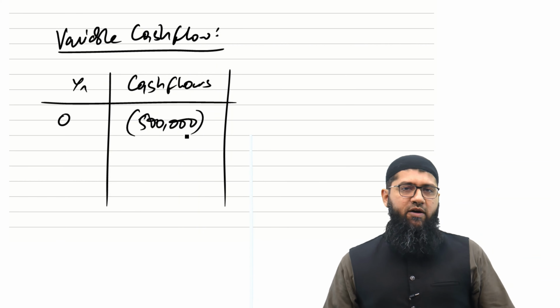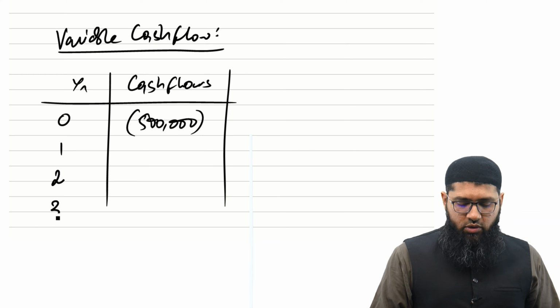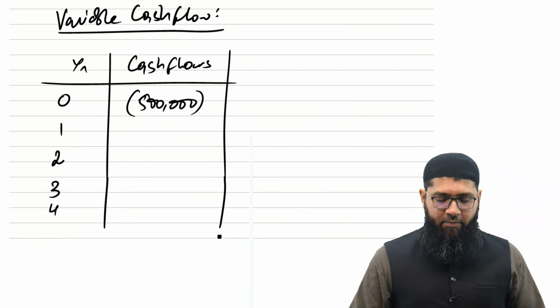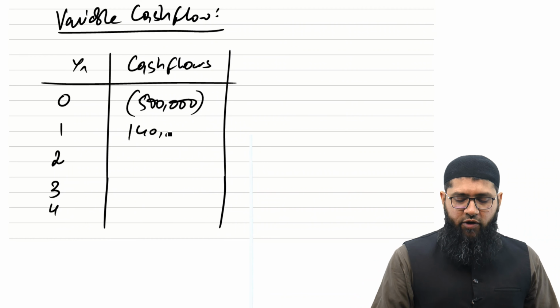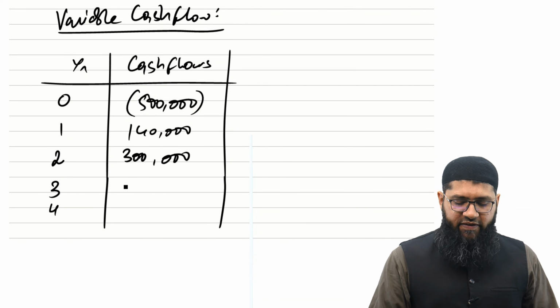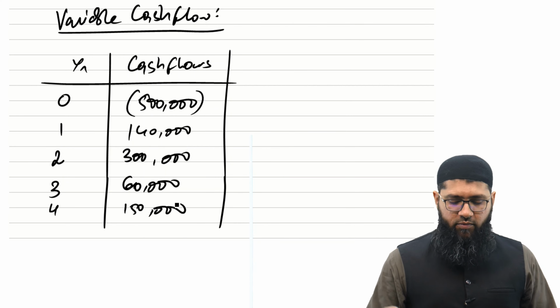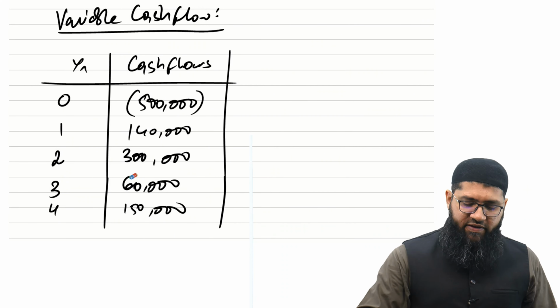In year 1, year 2, year 3, year 4, you get cash flows in different time periods. Let's say you get 140,000 in year 1, 300,000 in year 2, 60,000 in year 3, and 150,000 in year 4. Now, let me just guide you a bit.